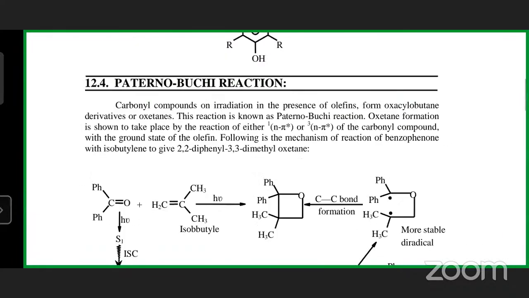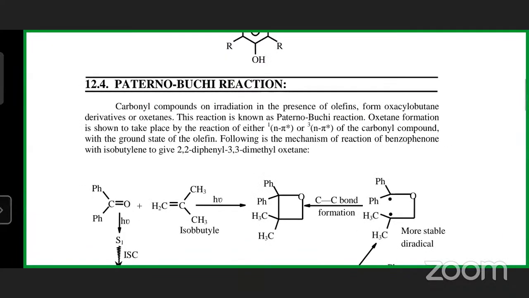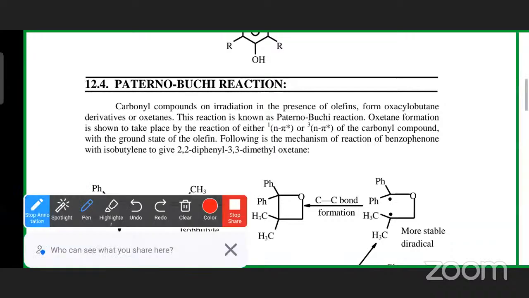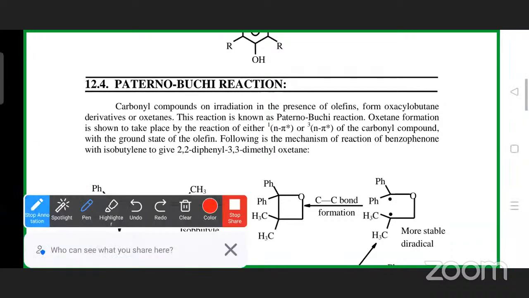Next, the Paterno-Büchi reaction. This is one of the very important reactions for carbonyl compounds. You can keep five or six stars for this one.